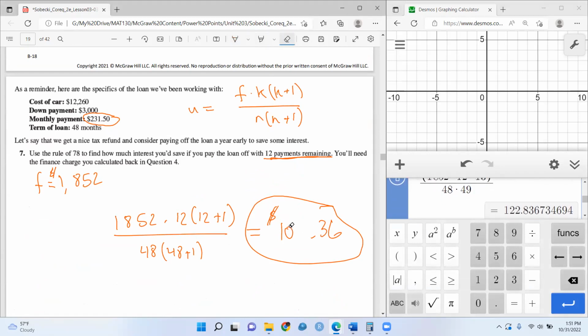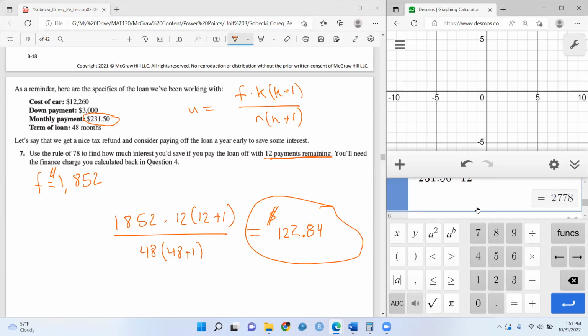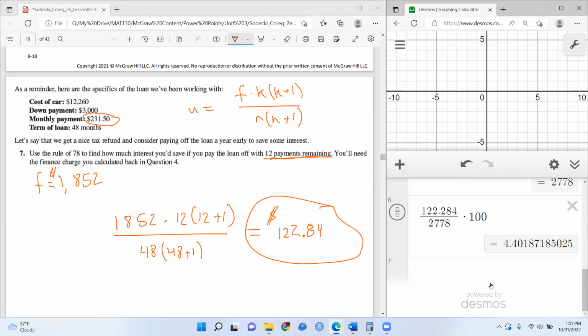A little bit more money. So how does that change? What percent does that make this? A little bit higher percentage. Cool. Good question. Get the formula right is what I need to tell myself.